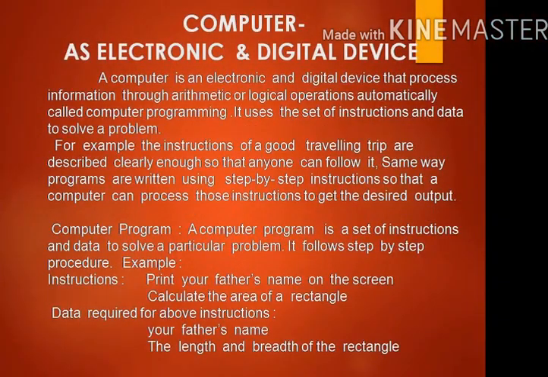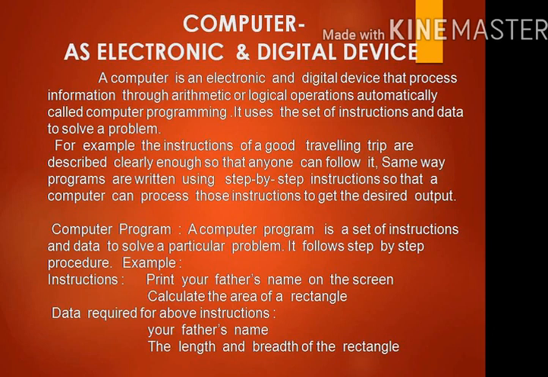The next slide is about computer as electronic and digital device. A computer is an electronic and digital device that processes information through arithmetic or logical operations automatically, called computer programming.